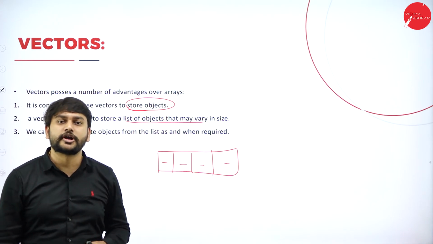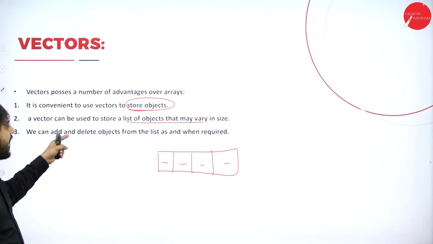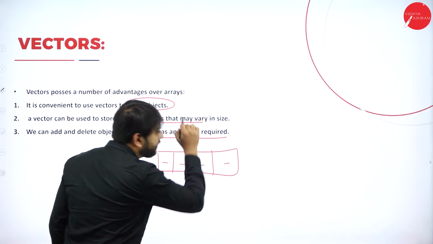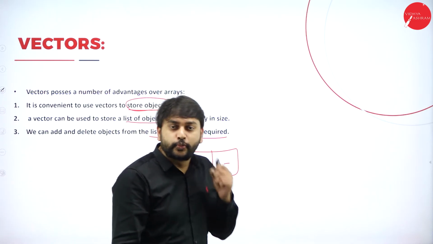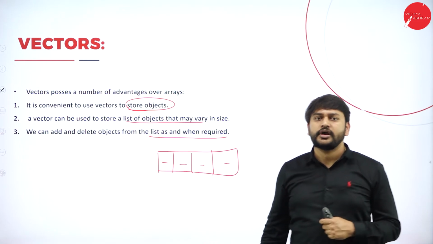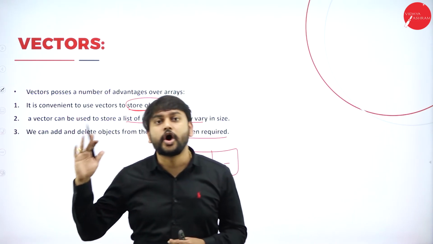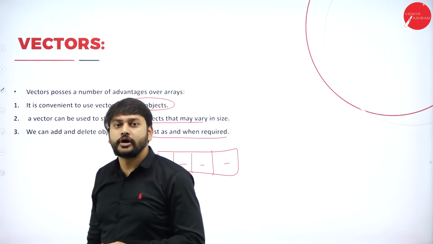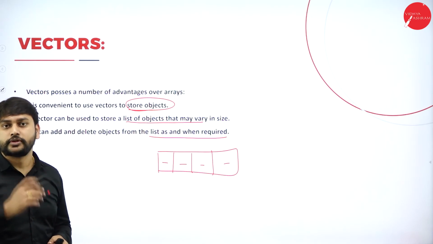We can add and delete objects from the list whenever required. It is not restricting us from adding or removing objects from the list. This is the most important advantage that we have with respect to the vectors.